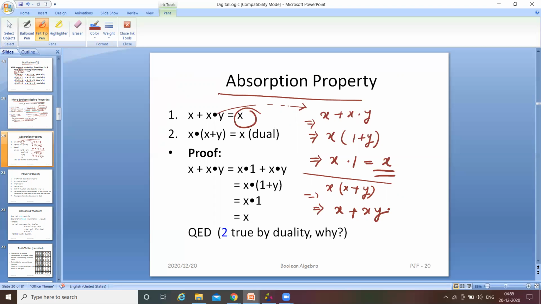Therefore, again x is common, and it becomes x times (1 plus y). So this is equal to x dot 1, since 1 plus y is equal to 1. This is x, also x. So this is given true by duality.